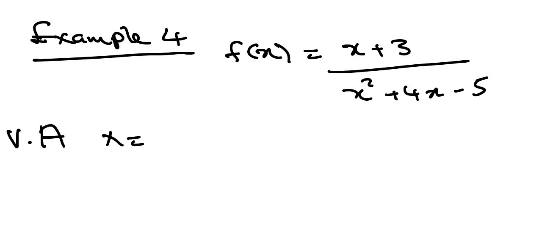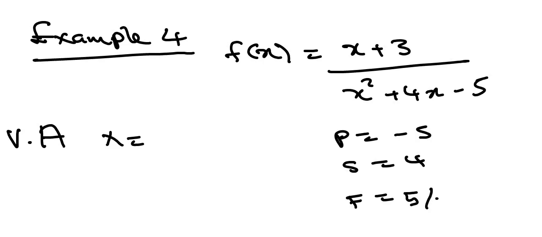I'm just confused. What when you multiply it gives you negative 5, when you add it gives you 4. So the product is negative 5, the sum is 4. Then the factors, we're simply going to use 5 and negative 1.